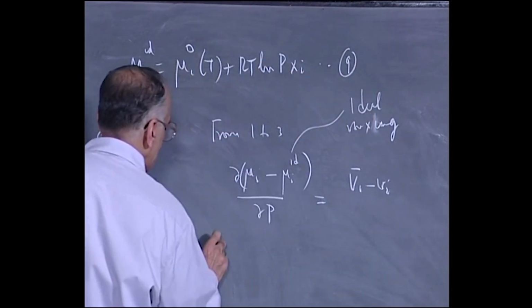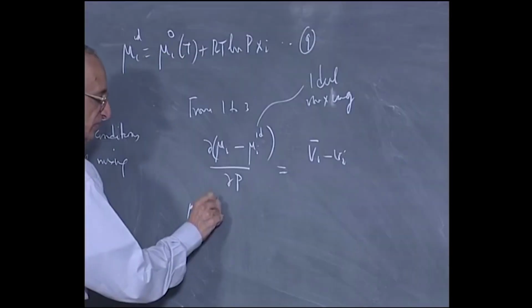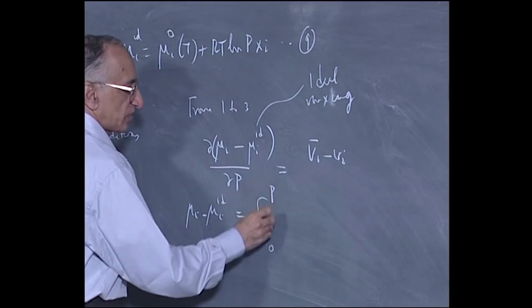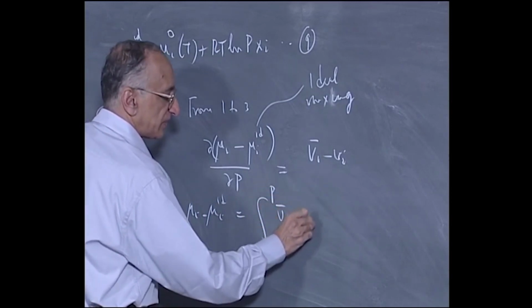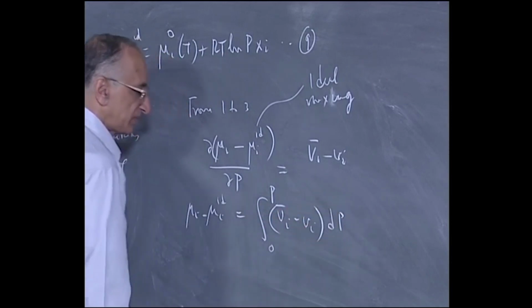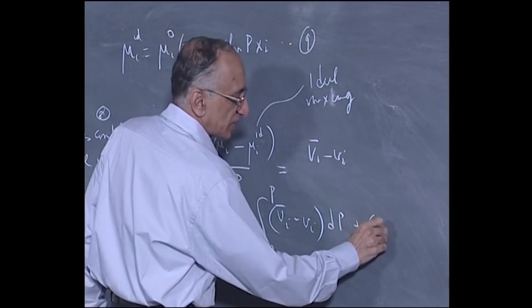Now mu I minus mu I ideal is therefore equal to integral from 0 to P of Vi bar minus Vi dP plus some constant.